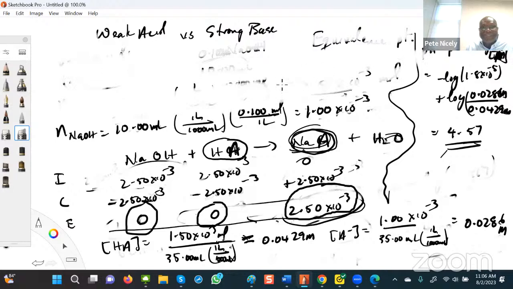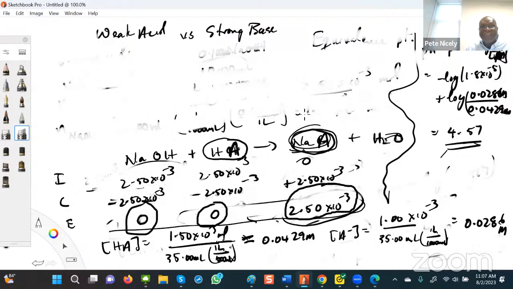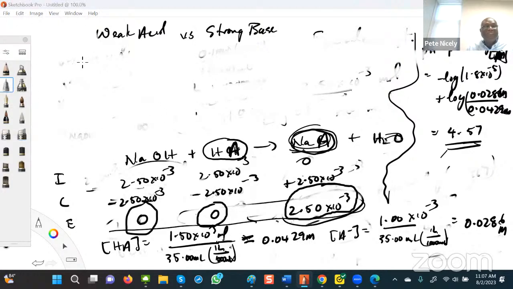So how does a base behave when it reacts with a water molecule? Well, it's going to get a proton from the water molecule. That's what bases do, right? So basically, A minus is the base. It's going to get a proton from water, and it's going to be a weak base.